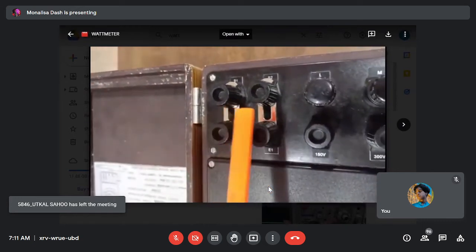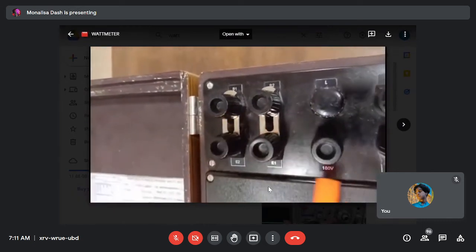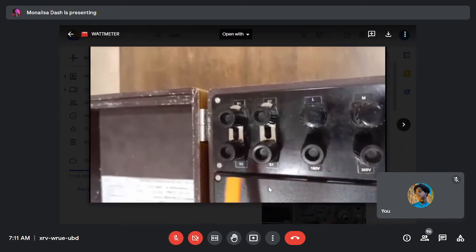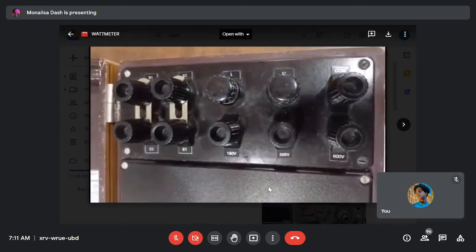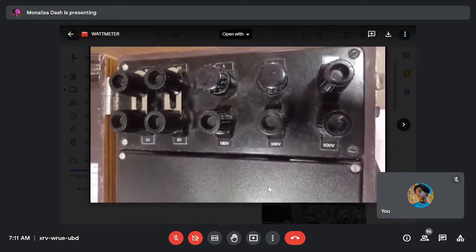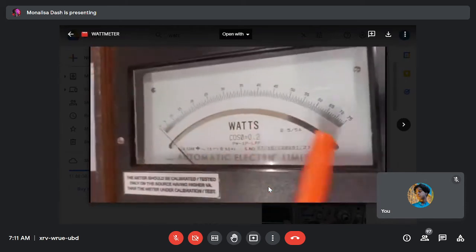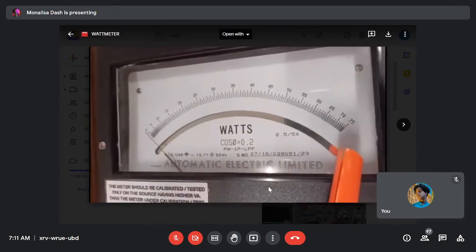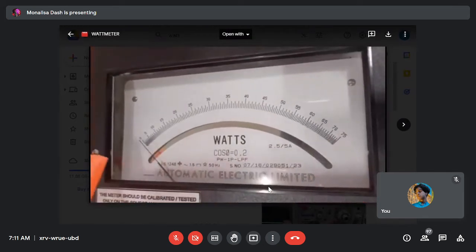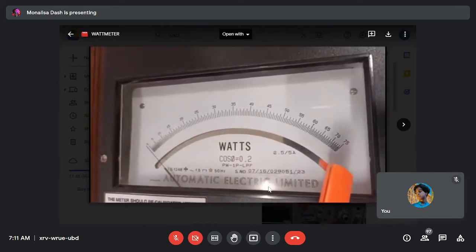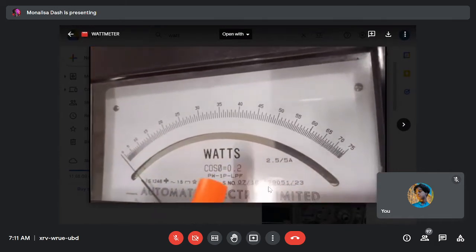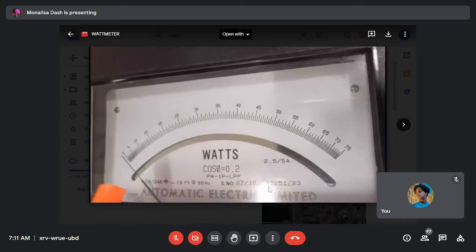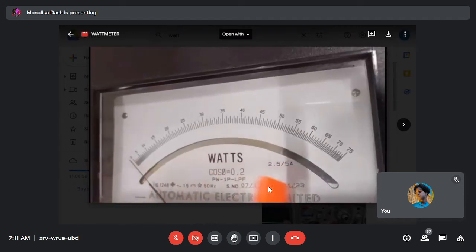Now we are clear that in the wattmeter various ranges of voltage and current are there. But here the scale is 0 to 75, in watt, and it is only one scale. In a voltmeter and ammeter with multiple ranges, there are an upper scale and a lower scale.